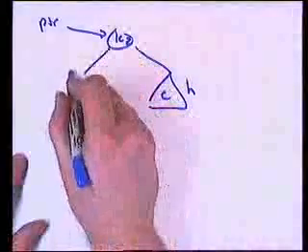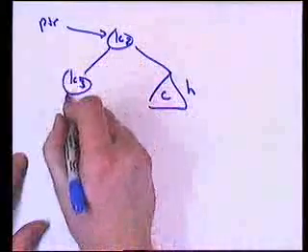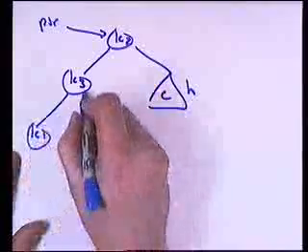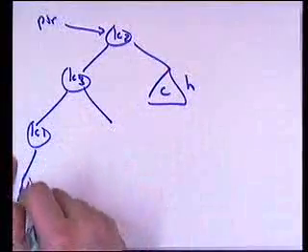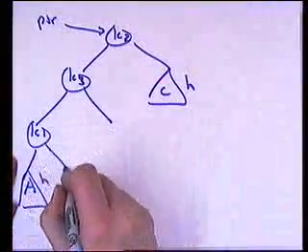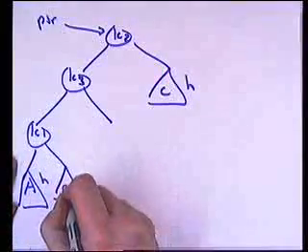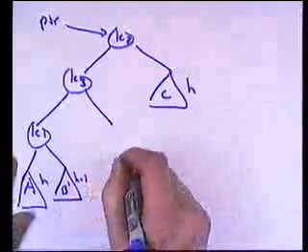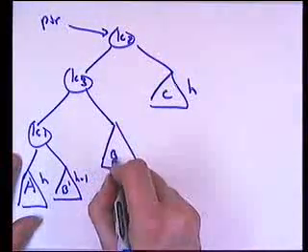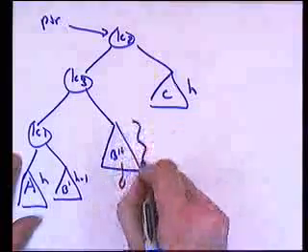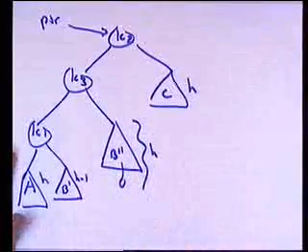And that single left rotation will move K3 up to be here, move K1 down, and we'll have here, off of K1, the subtree A, which is of height h, and the subtree B prime, which is of height h minus 1, and we'll have the subtree B double prime, which with this insert is of height h on its own.